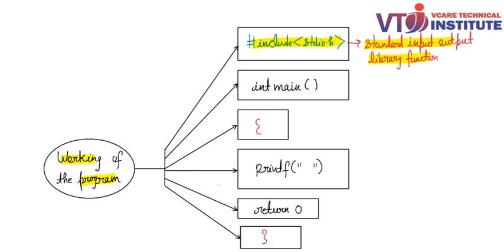Okay, so let's move ahead, and then there is int main. This is the entry point of every program, and then our bracket started. So here we can enter our program.